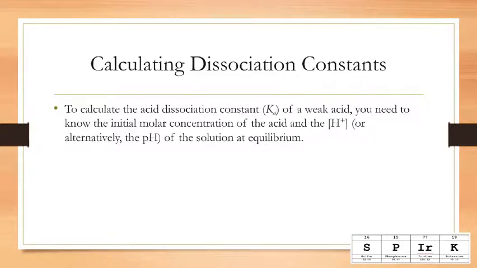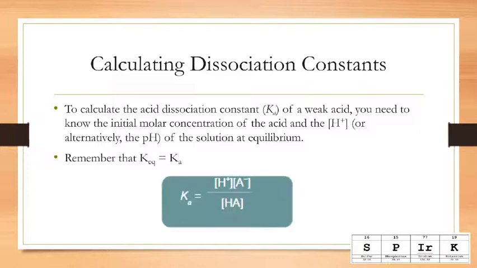So we can calculate dissociation constants. To calculate the acid dissociation constant of a weak acid, you need to know the initial molar concentration of the acid and the H+, or alternatively, the pH of the solution at equilibrium. Remember that Keq equals Ka, so we can set it up in a similar manner.